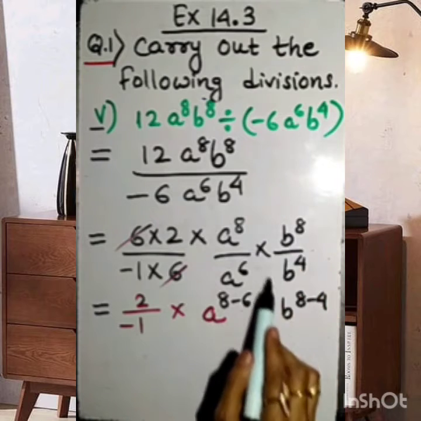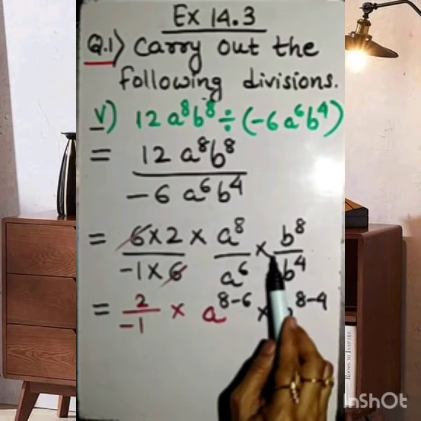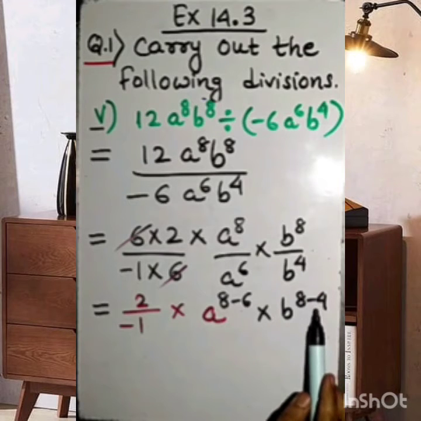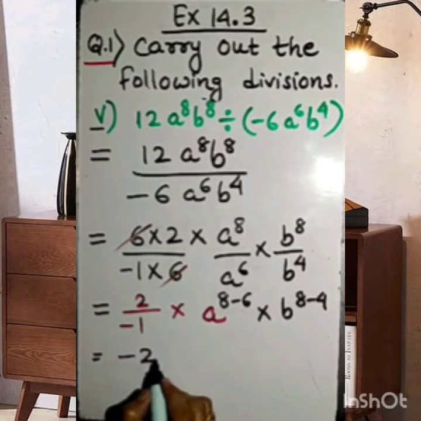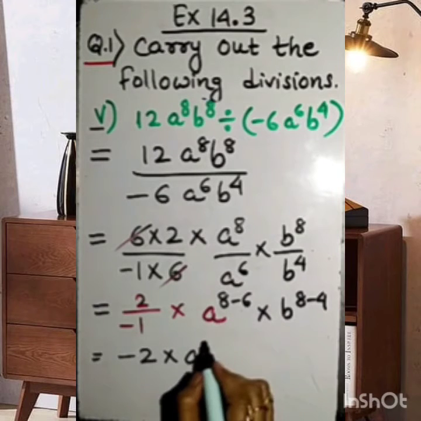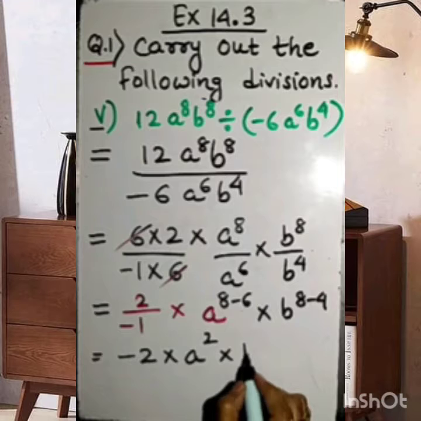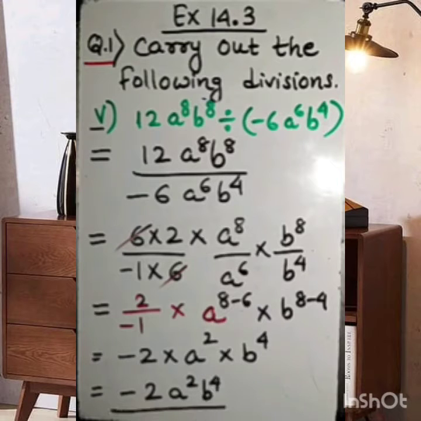This is also a law of exponent, which says whenever the base is similar and division is between them, then the powers should be subtracted. So according to this law, 2 upon minus 1 is minus 2. Please remember this minus will be multiplied in the numerator. 8 minus 6 is 2 and 8 minus 4 is 4. So my dear student, here minus 2a square b to the power 4. This is the complete solution of the fifth question of question number 1. Right? Let's go with the next.